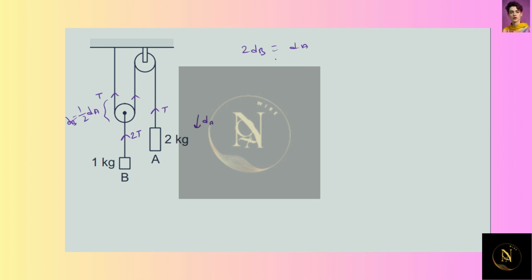Okay, differentiating this equation 2 times will result in 2 times the acceleration of B being equal to the acceleration of A.